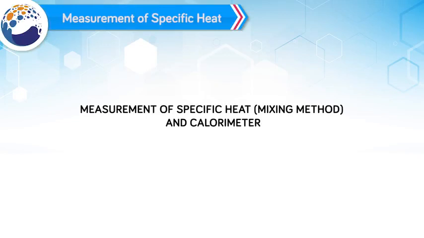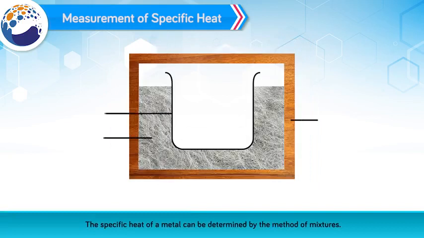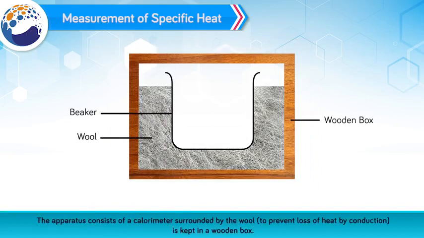Measurement of specific heat, mixing method and calorimeter. The specific heat of a metal can be determined by the method of mixtures. The apparatus consists of a calorimeter surrounded by wool to prevent loss of heat by conduction and is kept in a wooden box.